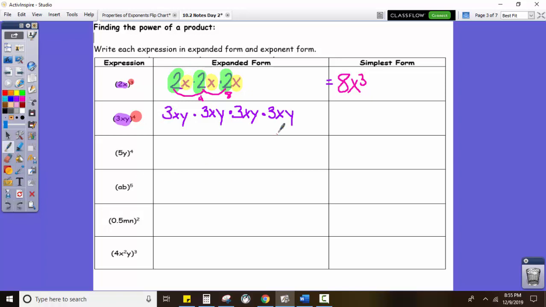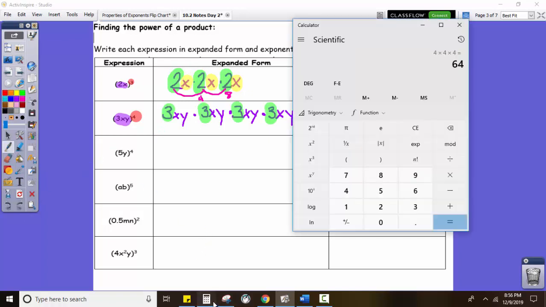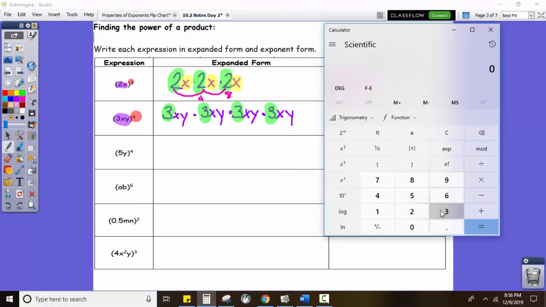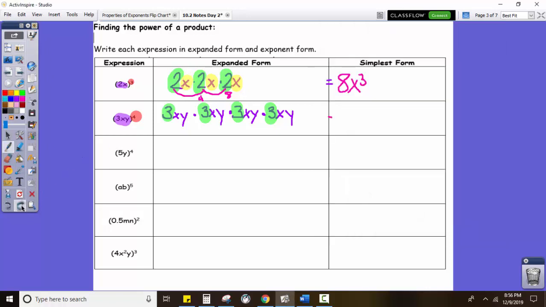Okay, when I go to write the simplest form version, I need to look at my coefficients here. So I'm multiplying 3 times 3 times 3 times 3. So you'll probably want a calculator here. Careful, it is not 3 times 4. It's 3 times 3 times 3 times 3, which is 81. So for my coefficient, I start with 81.